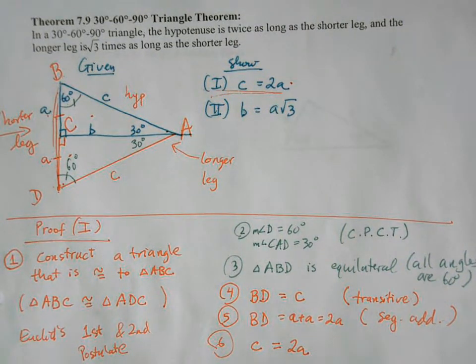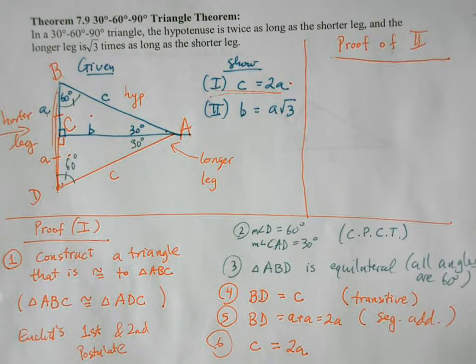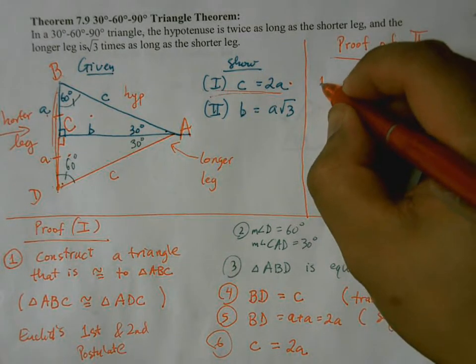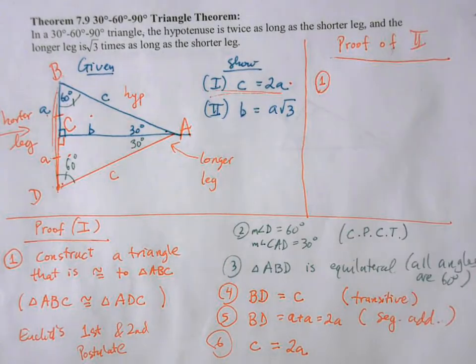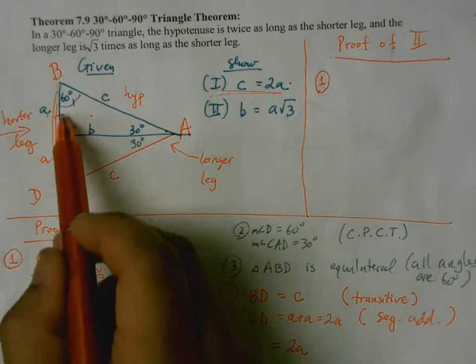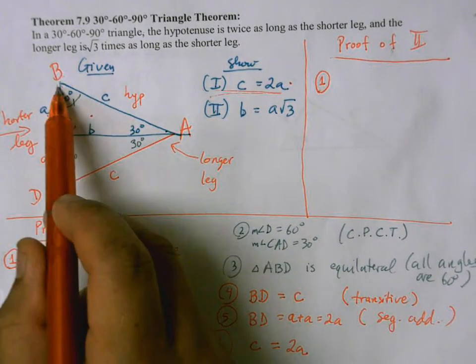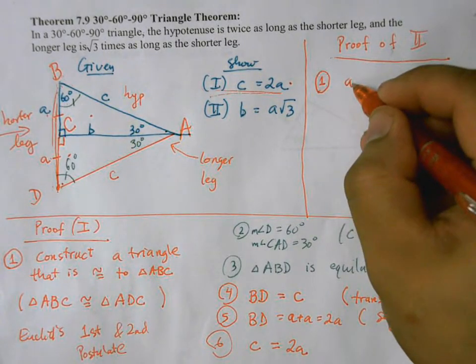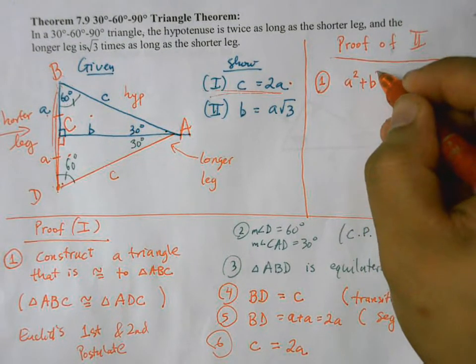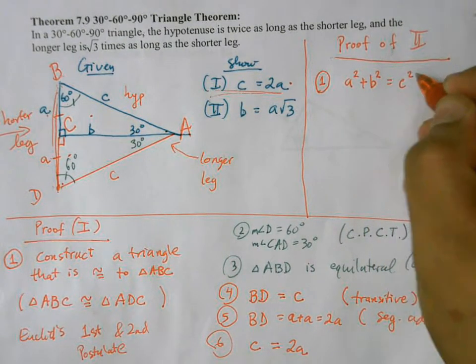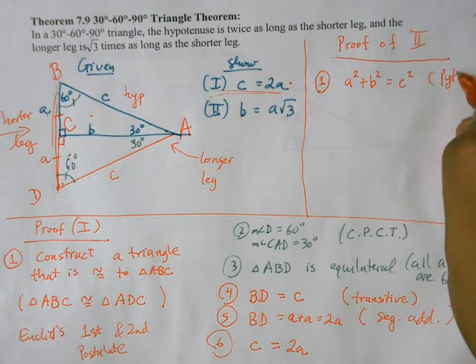Now I'm going to finish the proof for part 2. This proof is pretty straightforward because we're going to use the Pythagorean Theorem. If we look at the original triangle ABC, we get that A squared plus B squared is equal to C squared.